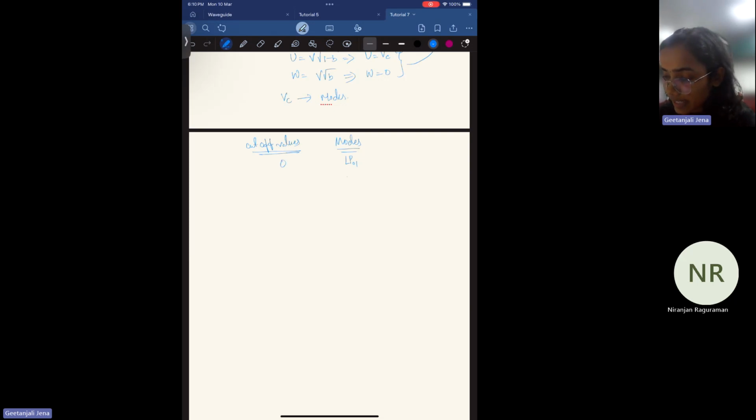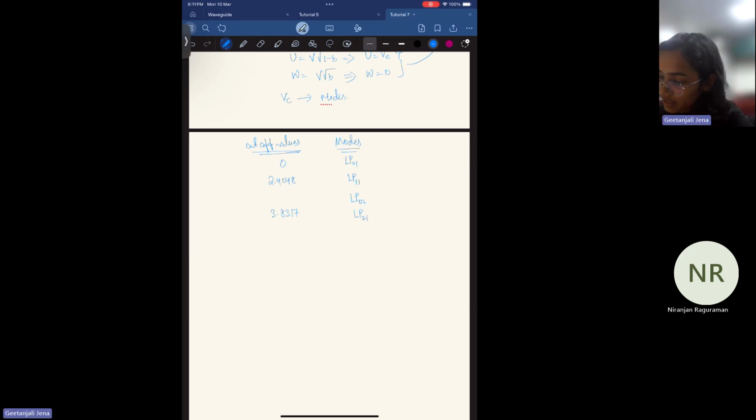And the second guided mode, the LP11 mode, has a cutoff around 2.4048. And for the next modes, LP02 and LP21, these two have a cutoff at the same value, which is 3.8317.